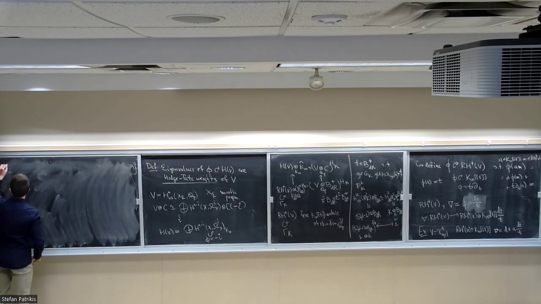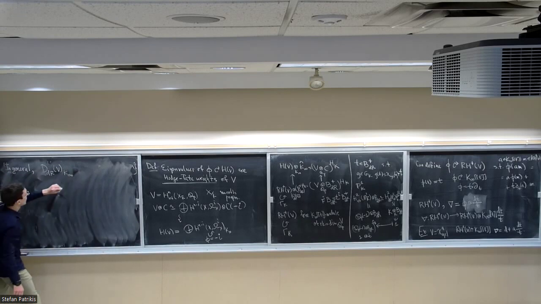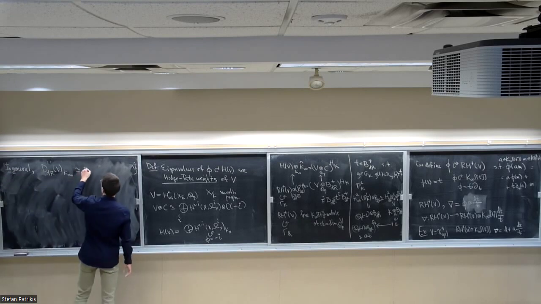In general, if I'm interested in computing the functor D de Rham of my representation, at least if I allow myself to extend scalars to k infinity, it's expressed in terms of this RH plus by inverting t in the RH plus and taking the kernel of this connection.